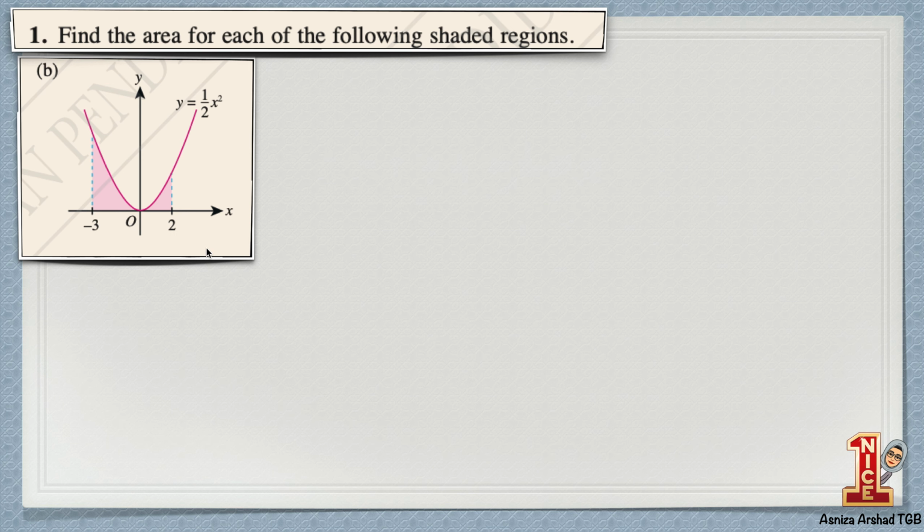So we can find the area by finding the integral from -3 to 2 of 1/2 x squared dx. Make sure when limits come from the x-axis, you should have a function of x and then dx with respect to x.